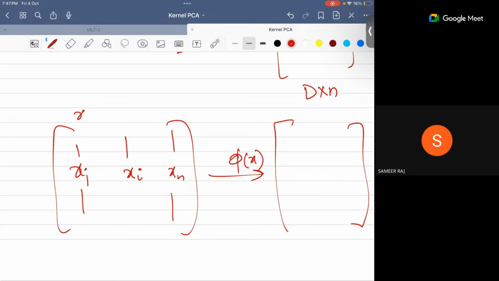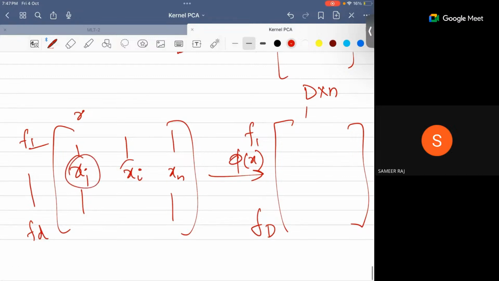Let's for example say it was f1 to fd, here it will be f1 to f of capital D, but the number of data points will be the same. From each data point we do the mapping, so the dimension will be N only, right? So now the dimension will be D cross N, correct?